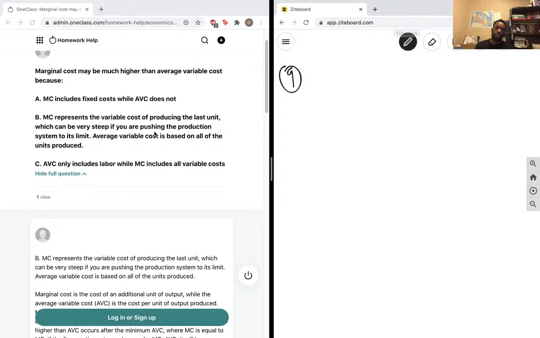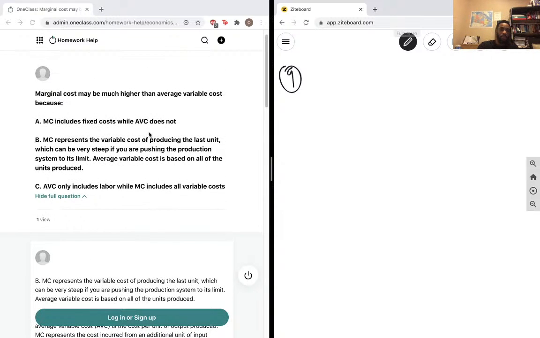And if that change is significantly higher, it would be shown on the marginal cost, but it wouldn't necessarily be shown on the average variable cost because average variable cost includes all the variable costs as a whole. So the complete answer here would be B.